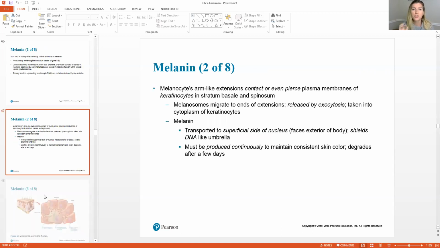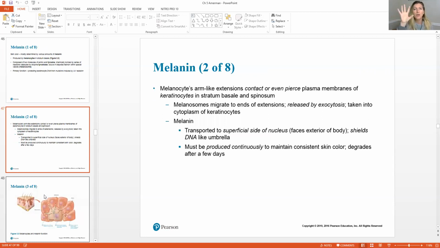So melanosomes are the special organelles within the melanocytes. So remember, the melanocytes are these hand-like looking cells. They have these extensions coming off of them. And the melanosomes are little organelles that can migrate up into the other layers of the skin. So the melanocyte itself lives in that stratum basale, but its extensions can go up into the stratum spinosum and even into the granulosum.